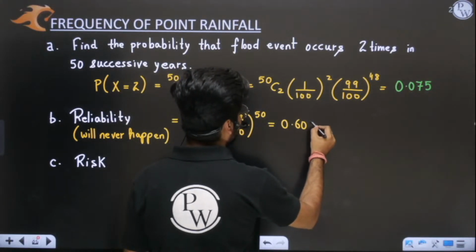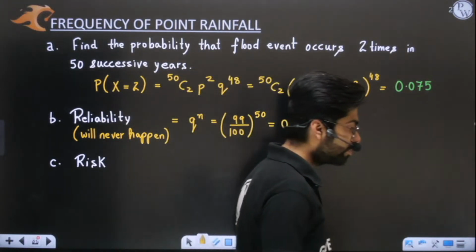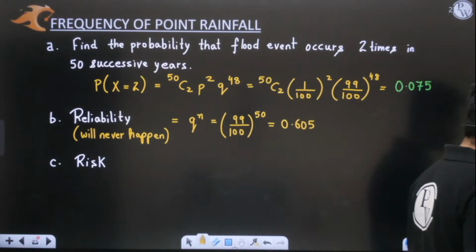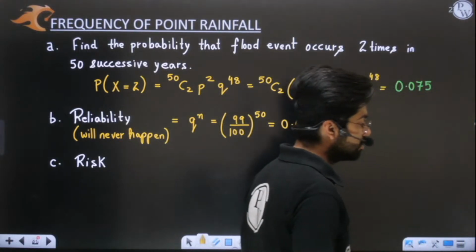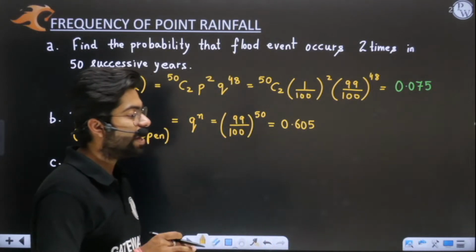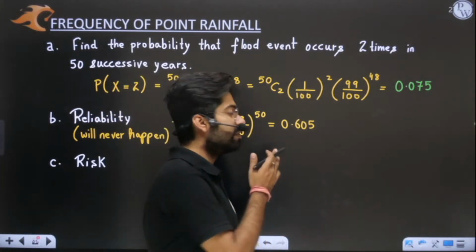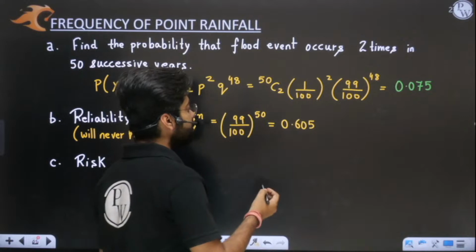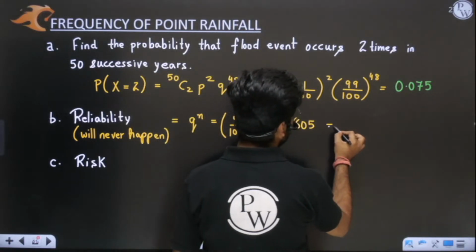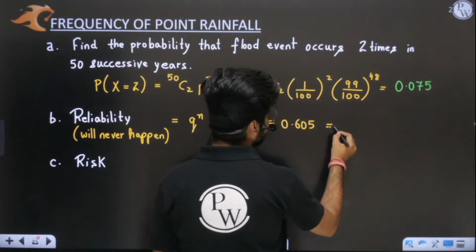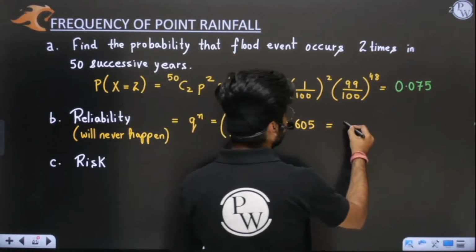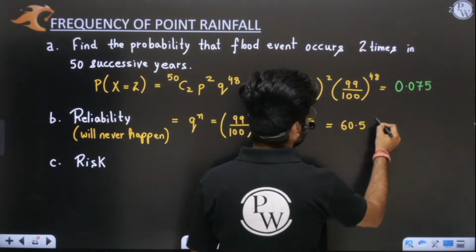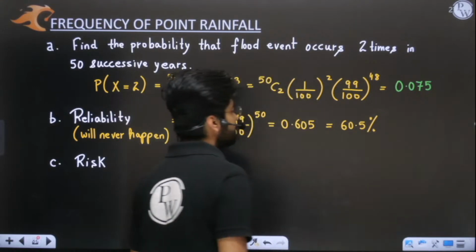Perfect. If we want to write this in percentage, this is in fraction, so to obtain percentage we have to multiply this by 100. So it will be 60.5%.